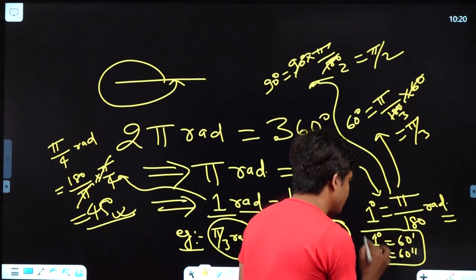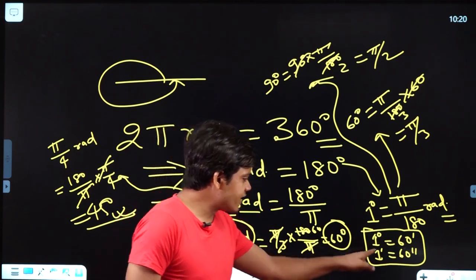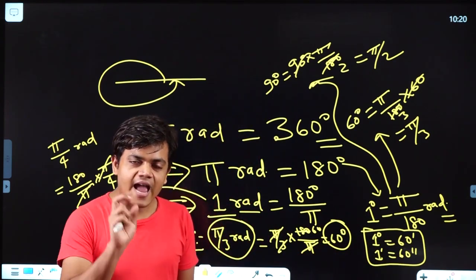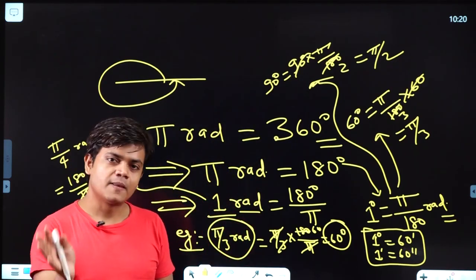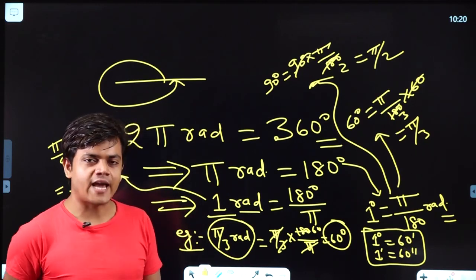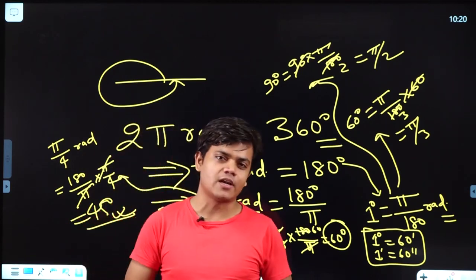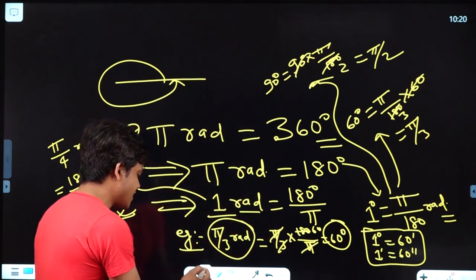This is really interesting. I will let you know how we can convert radian into degree and degree into radian. But before that, there is a very beautiful relation between the set of real numbers and circles, so let me introduce you to that.